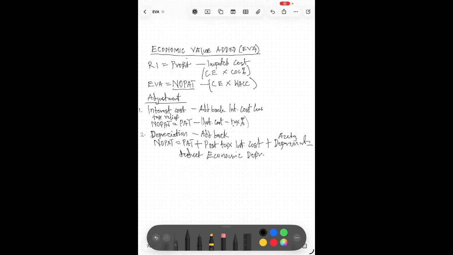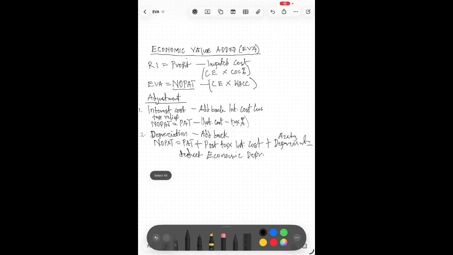To calculate your NOPAT, which is your net operating profit after tax, you start with your profit after tax, add back your interest costs, less tax relief, then add back also depreciation. But if there is economic depreciation, you deduct economic depreciation, whereby they are the same, it basically gives you a zero impact.